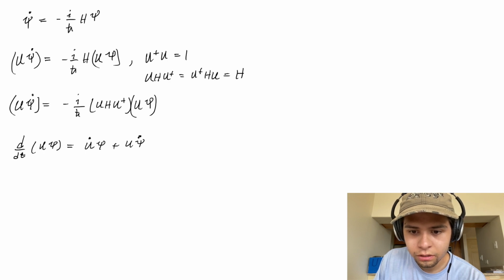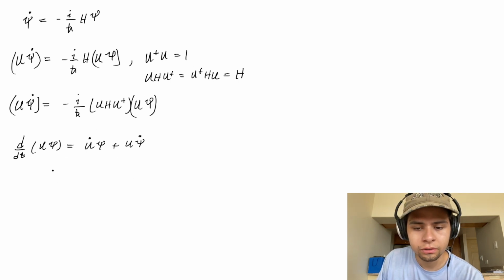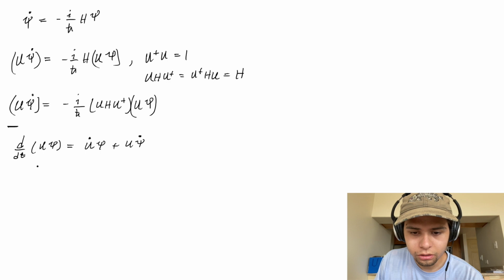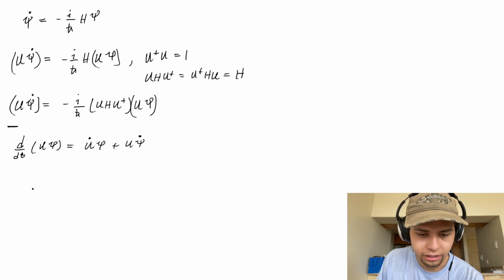Is this the chain rule? I can't remember all the names of the different rules in calculus, but this is basic calculus here. So I'm going to put a line right here, just to note that we're doing a tiny little bit of a digression.